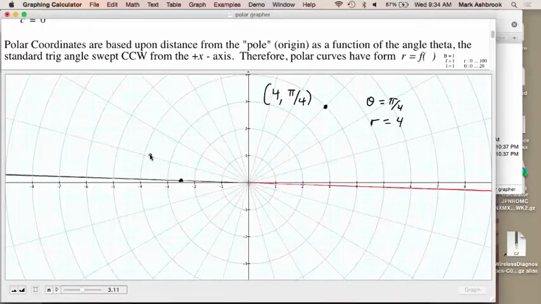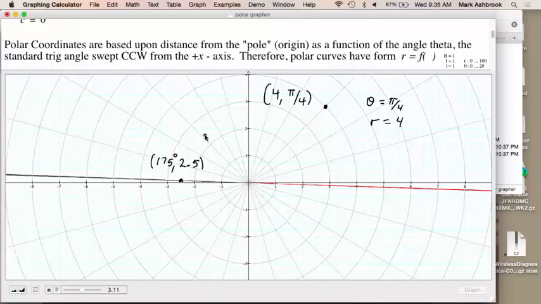So this might be something like 175 and 2.5. Now notice, that's not negative 2.5, because when you sweep an angle to 175 degrees, you're pointing in that direction. That becomes the positive direction for distance from the pole, to the left and a little bit up.